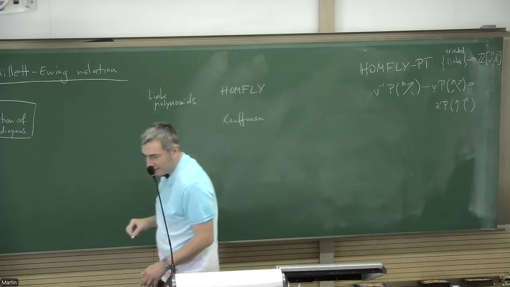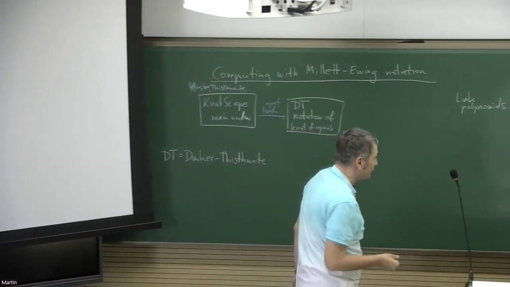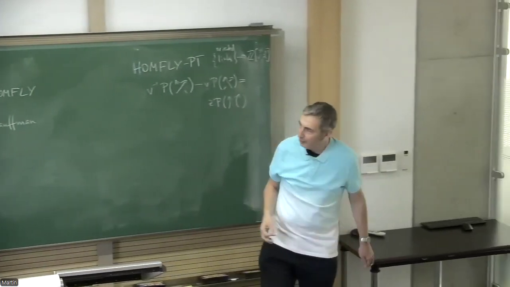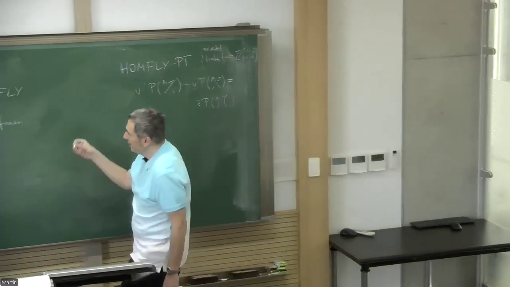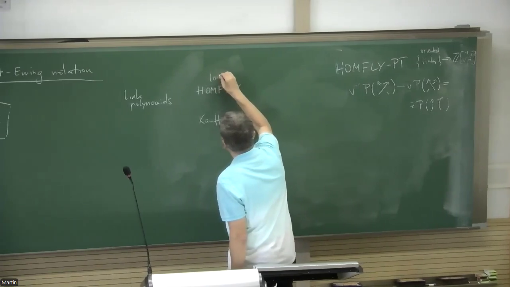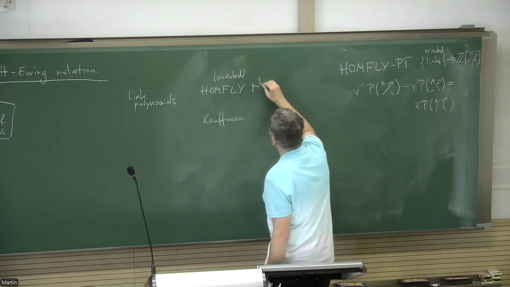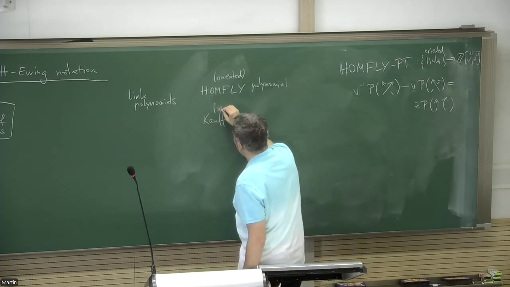For reference, in the article that I have made available, where Millett and Ewing discuss their algorithms, they call this polynomial the oriented polynomial, and the other one the semi-oriented.